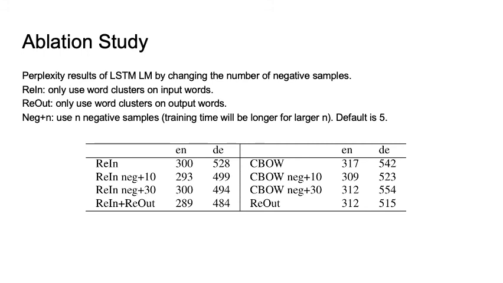The default is 5. As you can see, re-in and re-out each get improvement separately, so they are very useful separately. Also, when we increase the negative samples, we approach a similar result to re-out, which means re-out makes the training more efficient.